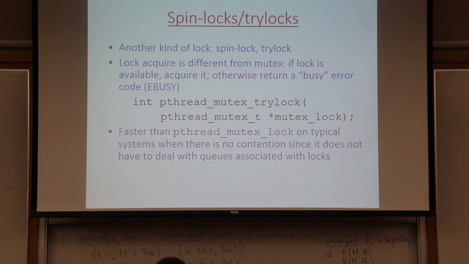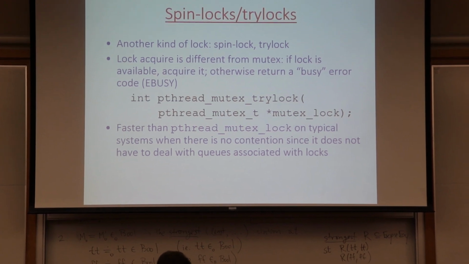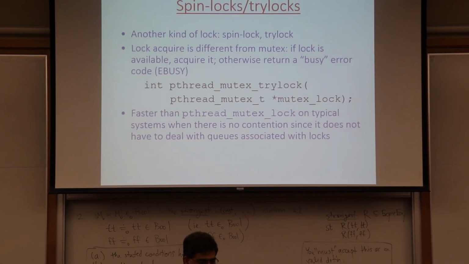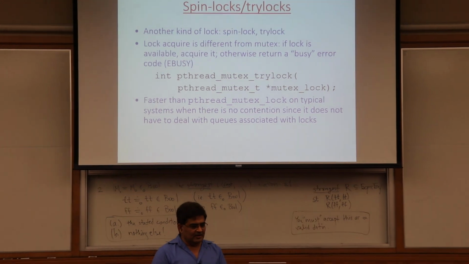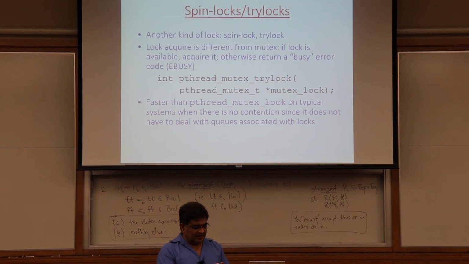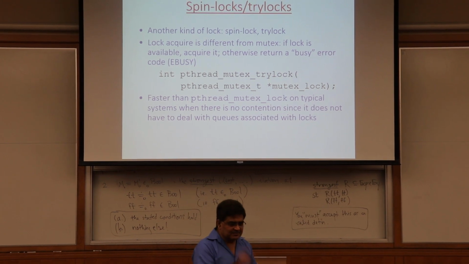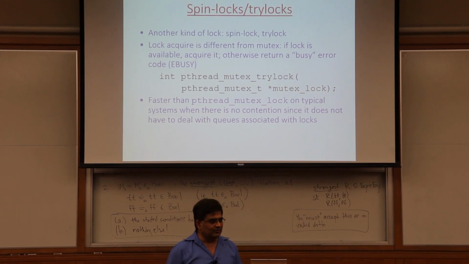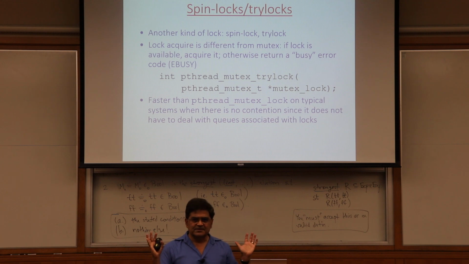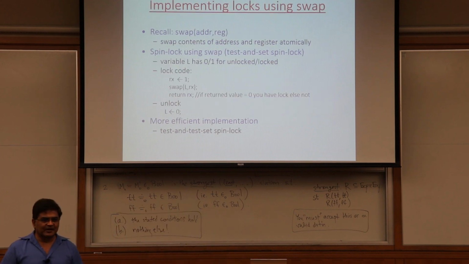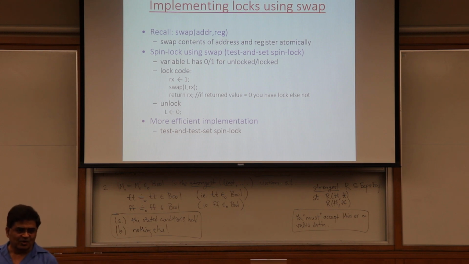Otherwise, it says, sorry, not available. And then you can go do whatever you want, and try again later. So you don't get stuck if the lock is not available. You're just informed whether it's available or not. If it is available, atomically, it's made not available, and then you're informed about it. That make sense? Okay.